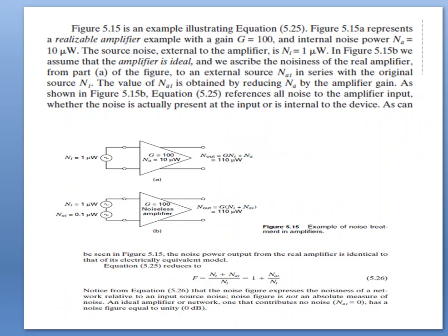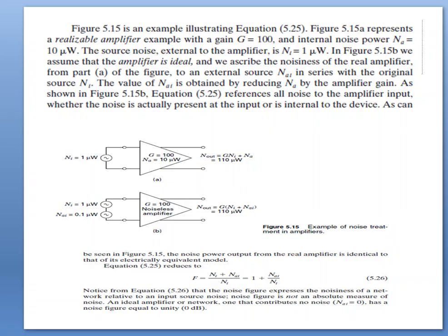The figure below is an example to explain and represent a realizable amplifier, with a gain of G equal to 100 and internal noise power NA equal to 10 microwatt. The source noise external to the amplifier is Ni equal to 1 microwatt.